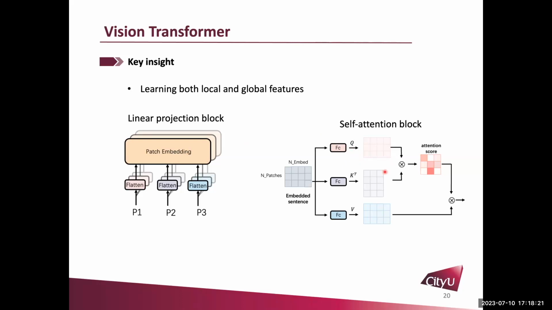These two processes can be viewed as learning local and global information independently. In the first part, the embedding is learned from each patch, and in the second part, the self-attention block will learn the correlation between patches. This attention score represents the importance of every patch pair, and both pieces of information will be used for training and prediction.